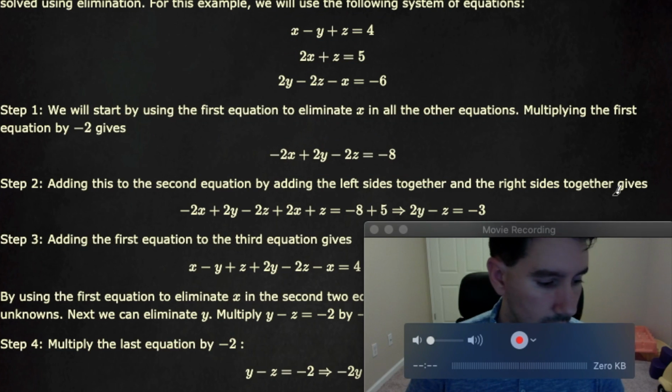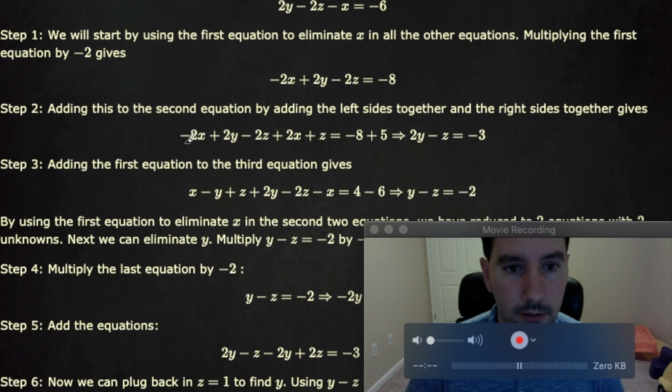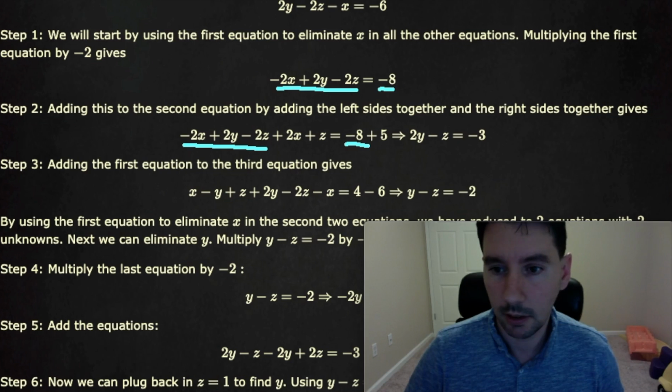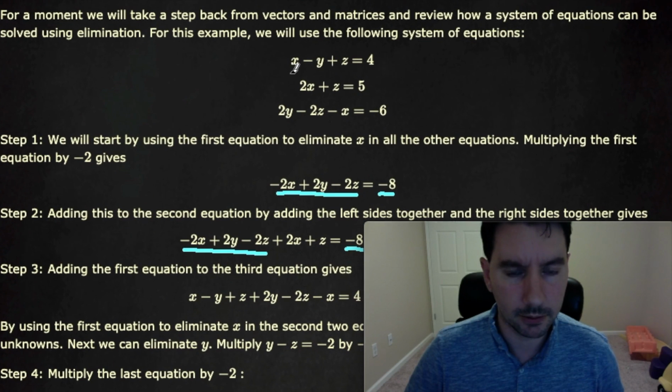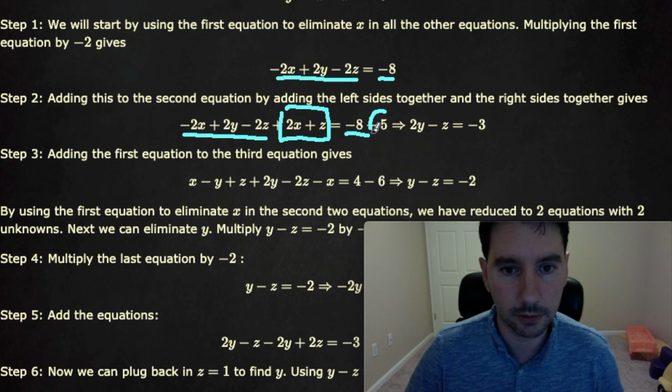So when we do that, we get minus 2x plus 2y minus 2z, which is this, and then negative 8 on the other side. And then we add to that the other equation, 2x plus z, and the 5 on the right-hand side, so plus 5.